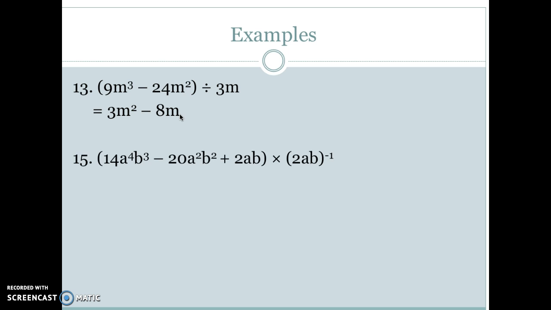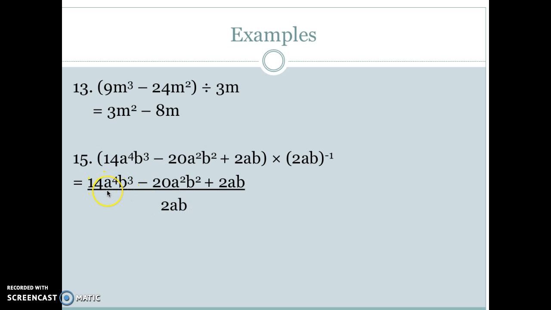Next, we have (14a to the 4th b cubed minus 20a squared b squared plus 2ab) times (2ab) to the negative 1 exponent. Well, we want to get rid of that negative 1 exponent. So in order to get rid of that, we just put it on the bottom. Now we just divide.